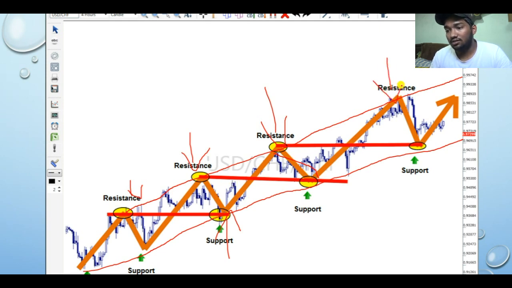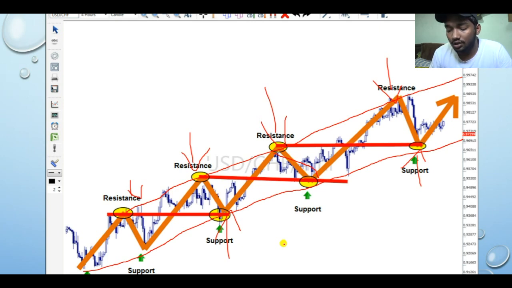See here, resistance, then it's going down. So here support means call. This is a very good strategy if you can use it in your trading. Learn this. If you don't know about this, please watch this video again and again.